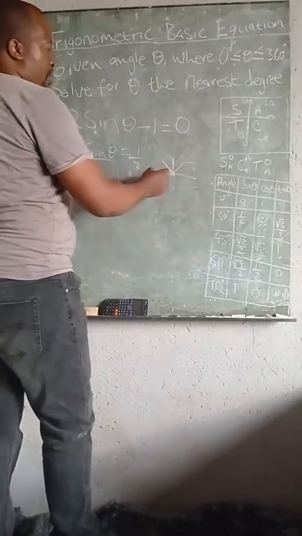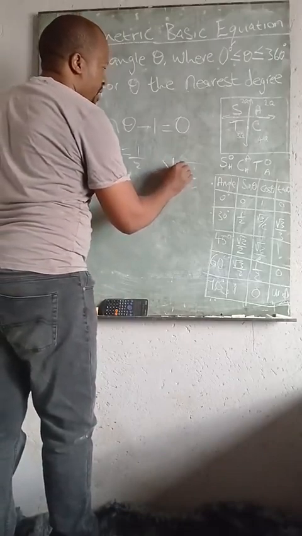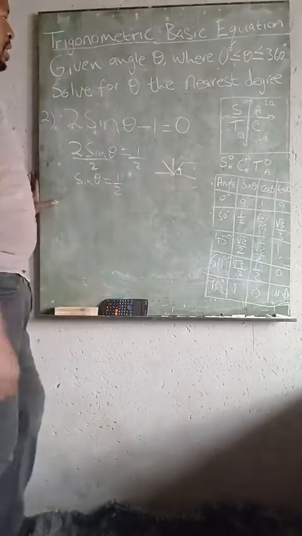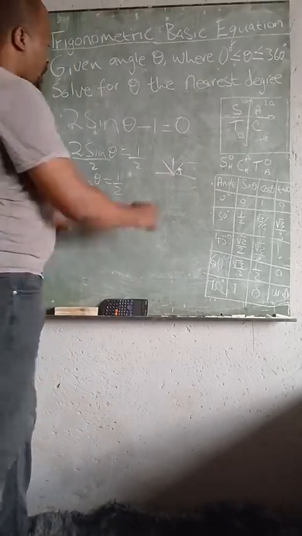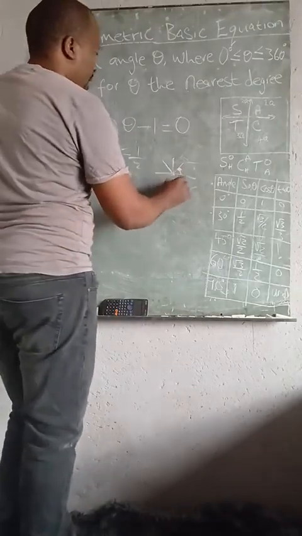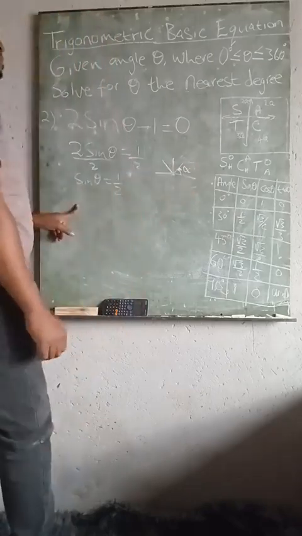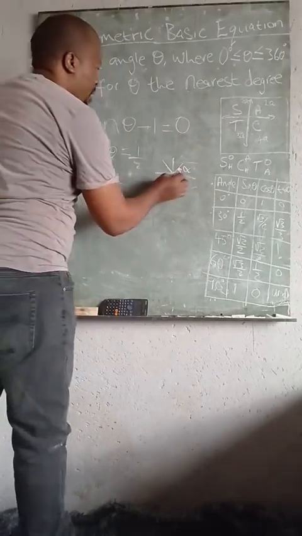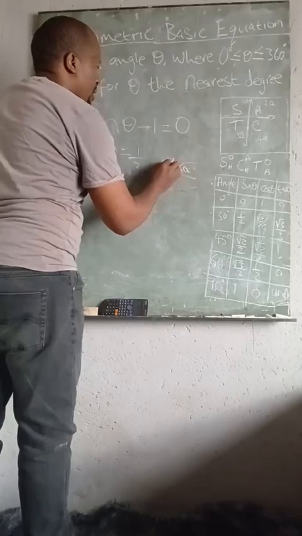So remember, our reference here in this situation is going to be part of the solution. So we can name this alpha, and we are going to have the second one here.